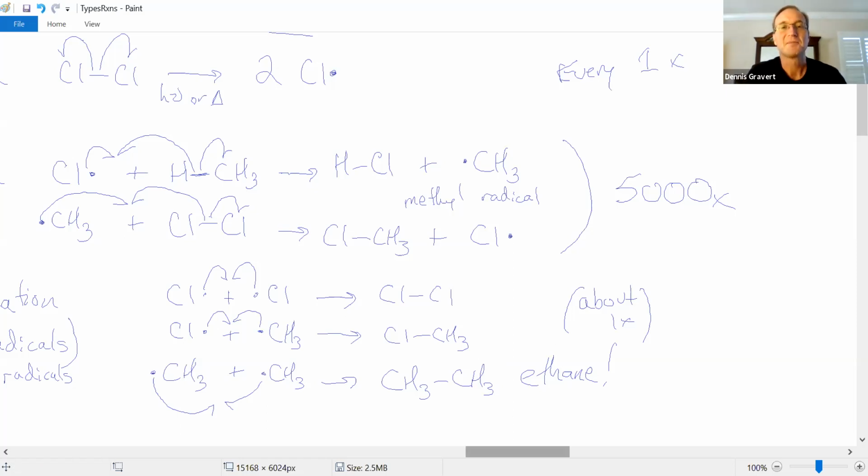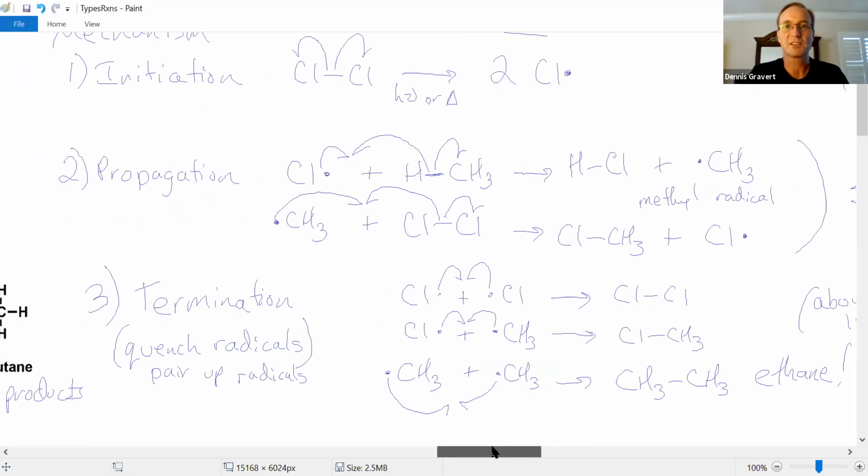Okay, I think we finished the mechanism. Take-home features, yeah, memorization is the key. These terms can help you with the memorization process, right? So initiation means start making radicals. Propagation means crank out products.